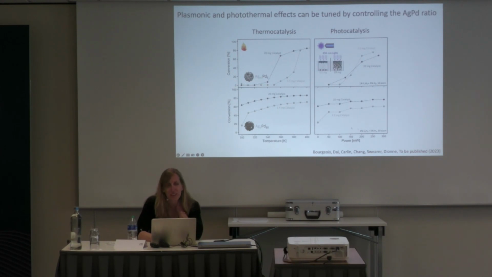Down here, the laser is inducing just some heating, not any plasmonic effects, whereas up here, the laser is also inducing hot carriers that are concentrated around those palladium atoms, giving rise to increased conversion as we turn up the laser power.